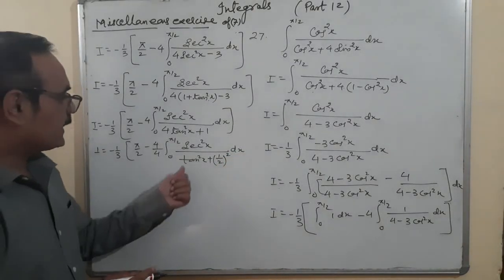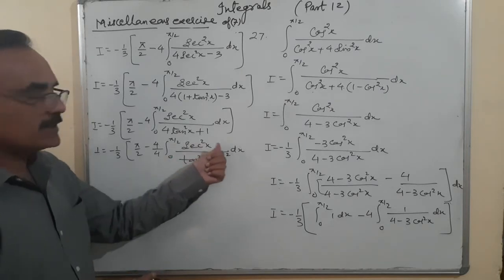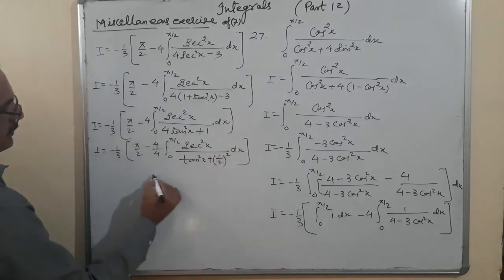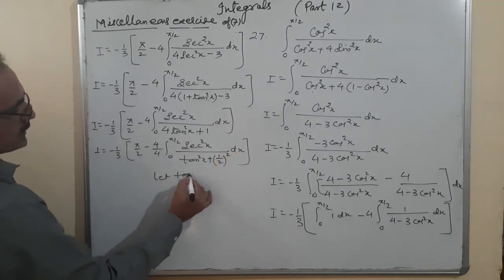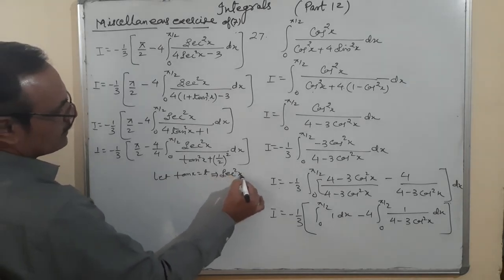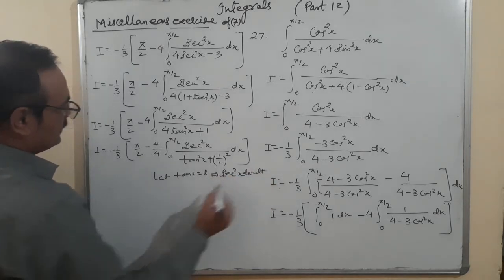Now let us take tan x is equal to t, so sec square x dx is equal to dt.